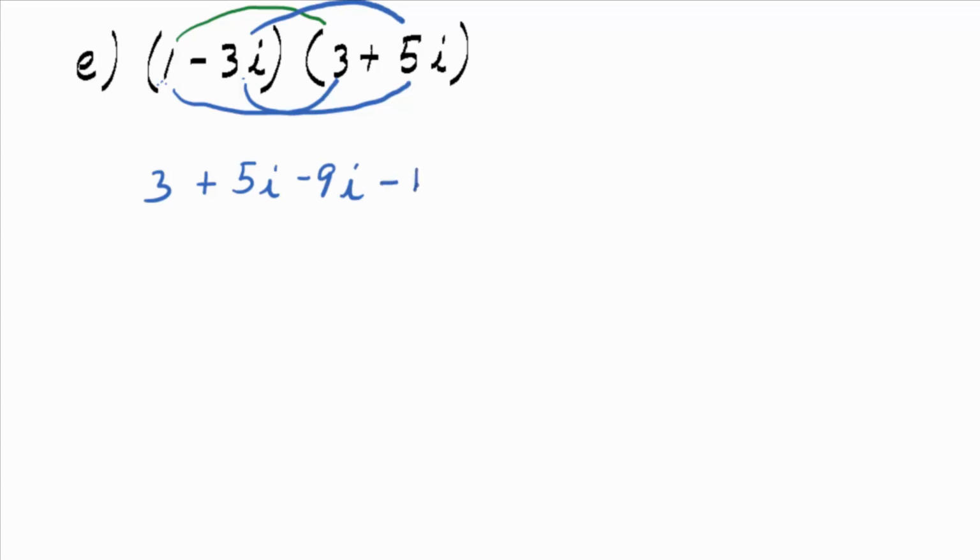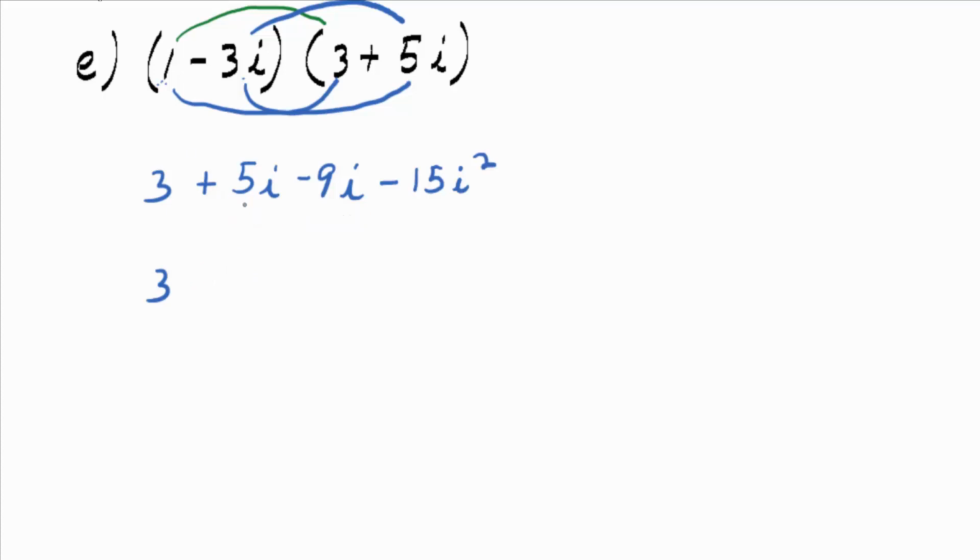Minus, oh, careful, minus 3i distribute over a plus 5i. So minus 15i squared. And then the trick is you have to remember i squared is -1. So, okay, like terms in the middle. What's 5i minus 9i? Whoops.